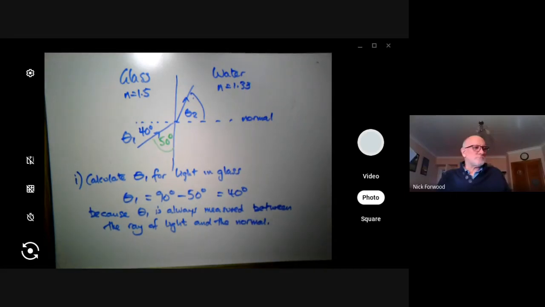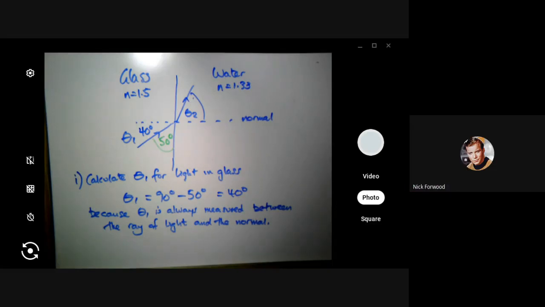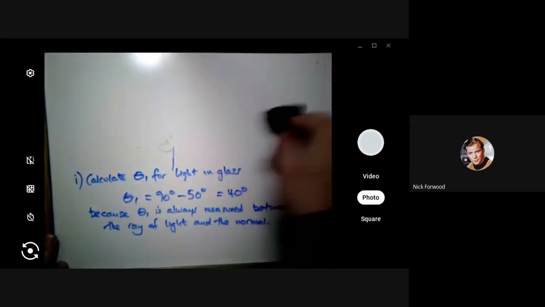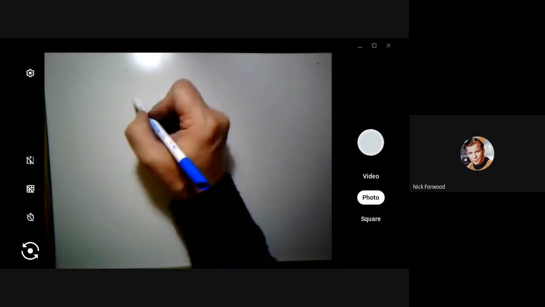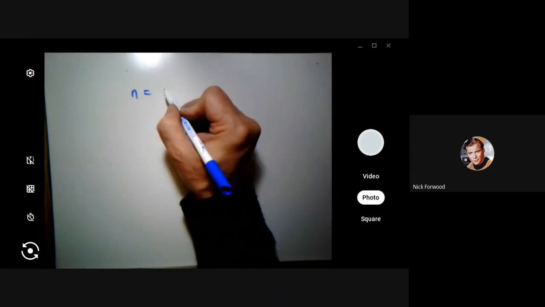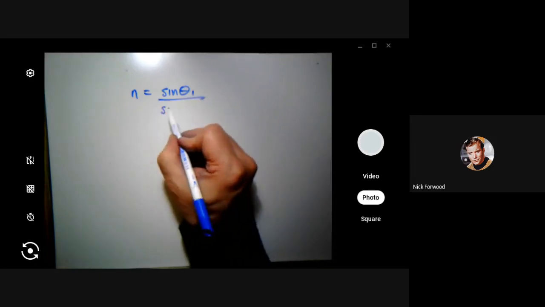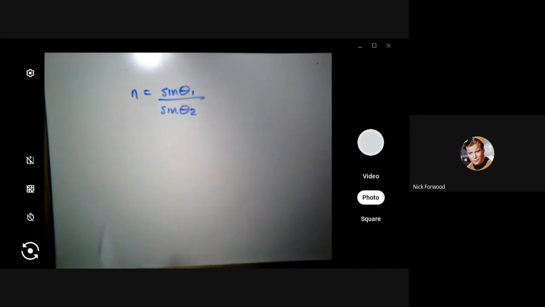Now let's go back and have a look at Snell's law. This will form part of the next bit of the question. I'm going to rub that out for now. I've got the formula n equals sine theta 1 over sine theta 2.